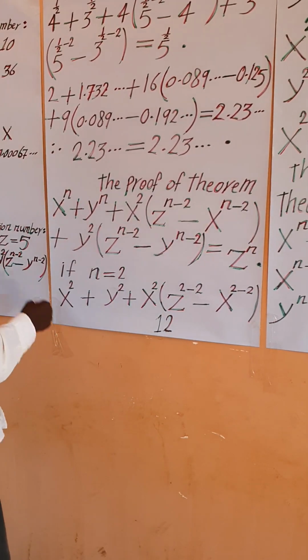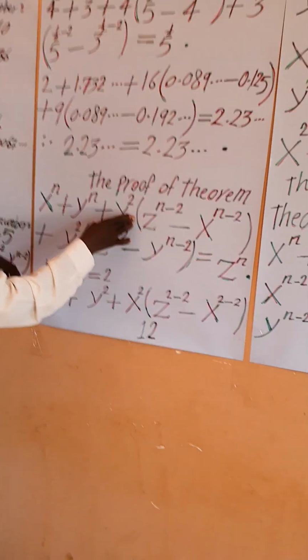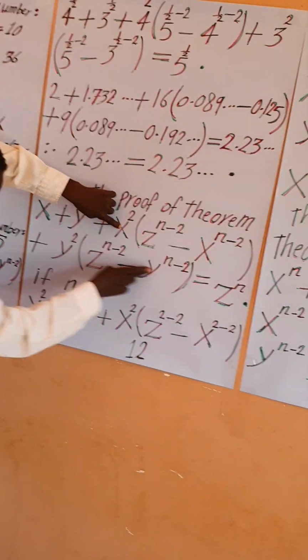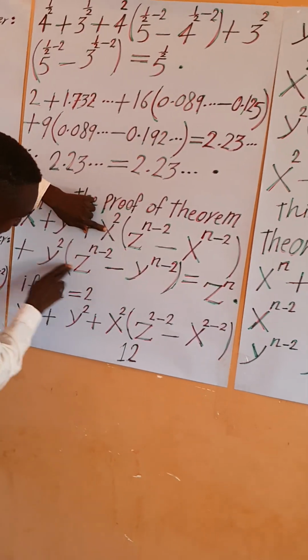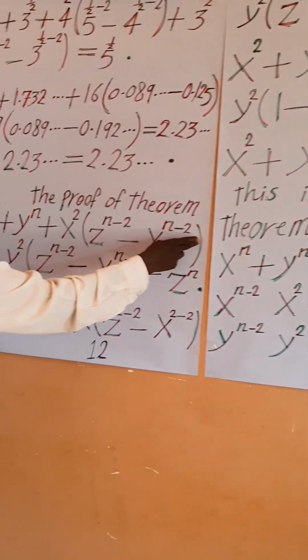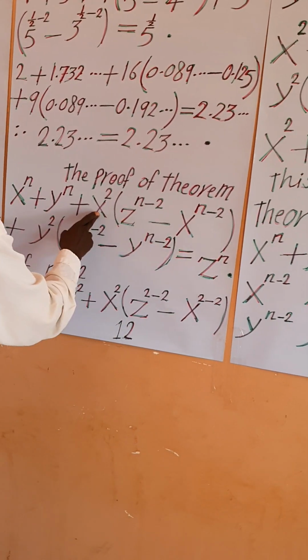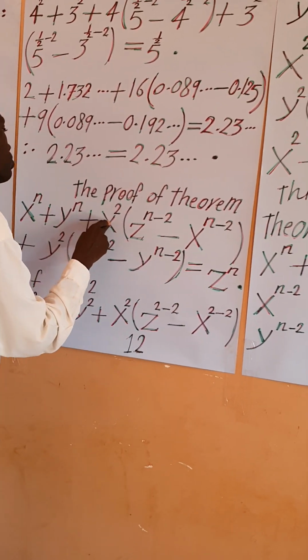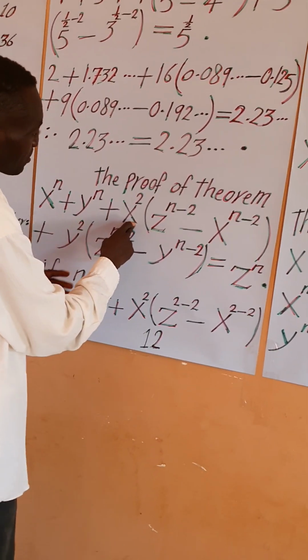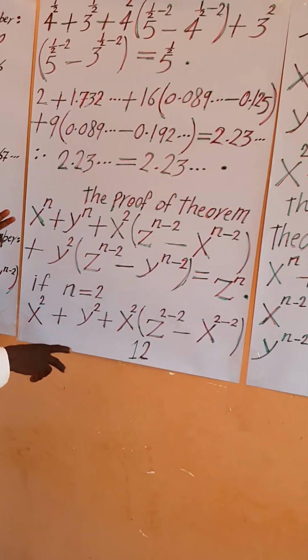Because the Pythagoras theorem doesn't contain this part and this part. They are absent in the Pythagoras theorem, because the Pythagoras theorem does not work if n is not equal to 2, or a negative number, because the Pythagoras theorem is not complete.